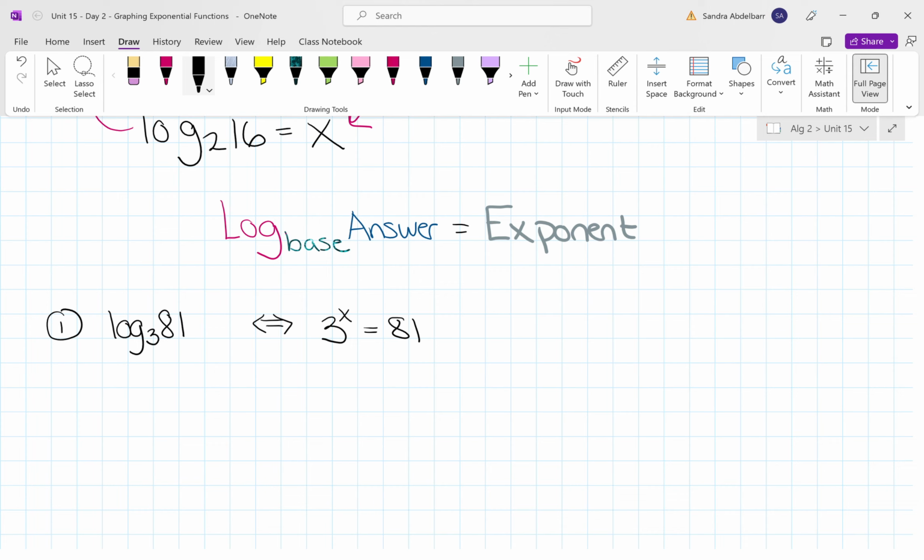Let's compare and contrast. When I wrote out my log, do I have an equal sign here? No, you do not need an equal sign. You do not need to make it an equation. But when we change it to exponential, do we need it to be an equation? Yeah. So when we're writing the log, we do not need that equal sign. It's implied.